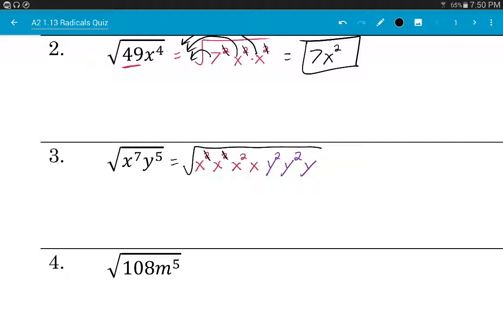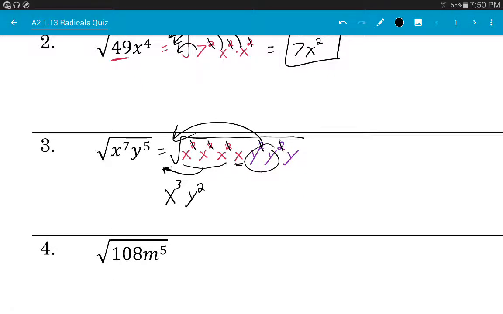So 1, 2, 3 x's, 2 y's. So 3 x's and 2 y's are able to come to the outside. And who's stuck? This x is stuck and this y is stuck. So underneath the radical, x and y.